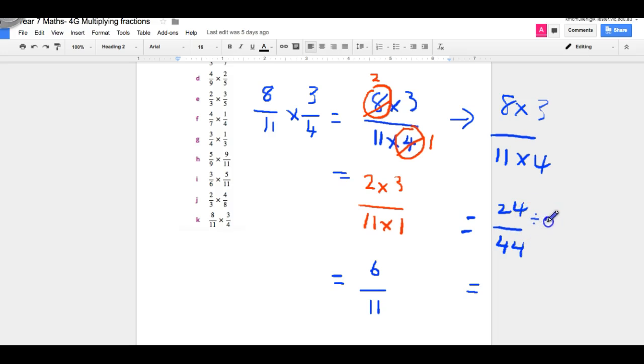So I'm going to divide the top and the bottom by 4. So 24 divided by 4 gives me 6, and 44 divided by 4 is 11. So either method is fine. These multiplications weren't that difficult, so it was okay. But you might come across ones that are just going to be too complicated to multiply, and therefore you'd have to simplify like I've done in red there.